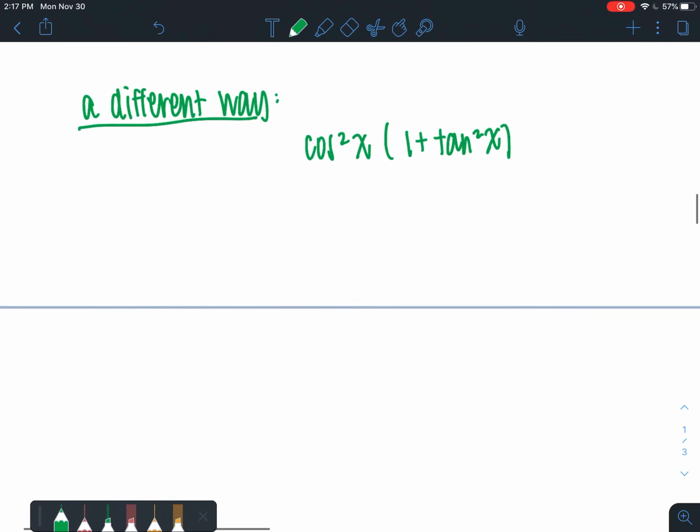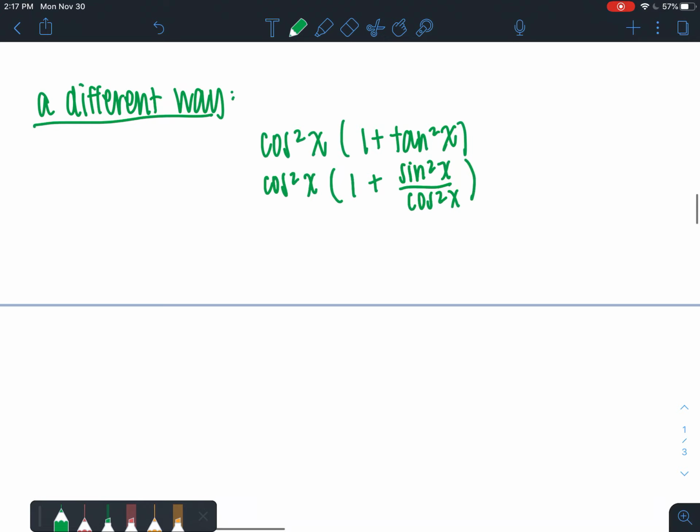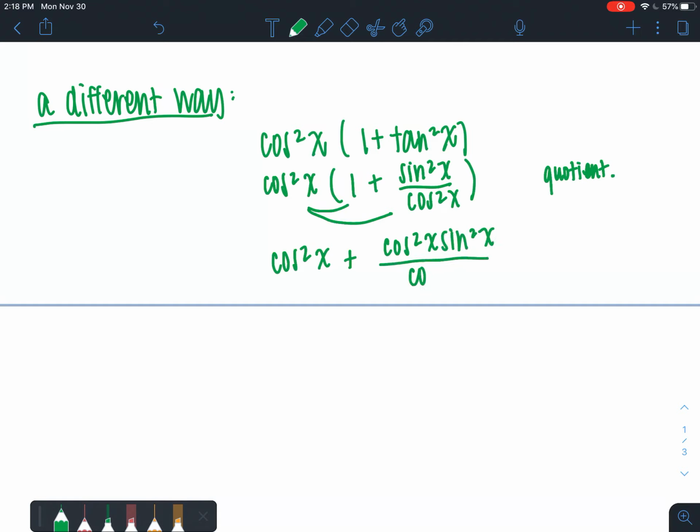All right, as I've told you before, it's good to think about stuff in terms of sine and cosine. So let's go ahead and change this into terms of sine and cosine. So I have cosine squared x times 1 plus sine squared x over cosine squared x. Okay, and to do that, I used a quotient identity. Let's go ahead and distribute this through. So I have cosine squared x plus cosine squared x sine squared x over cosine squared x.